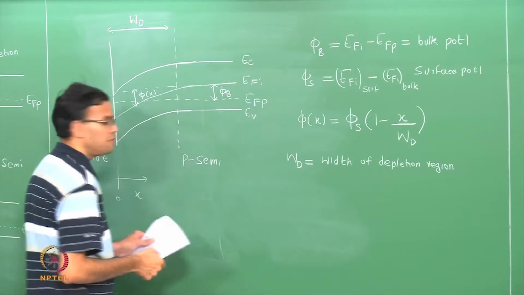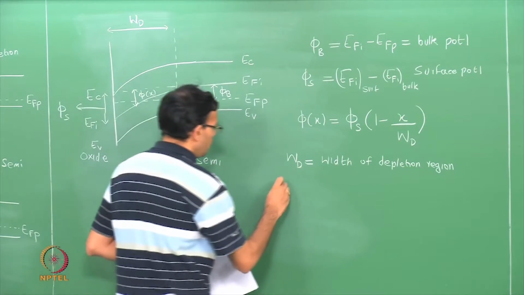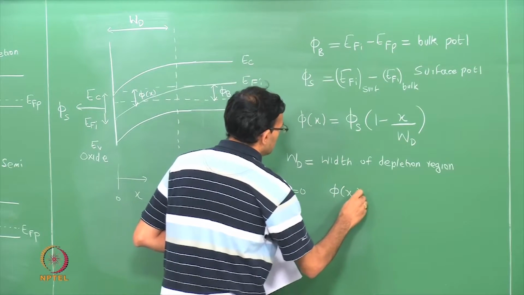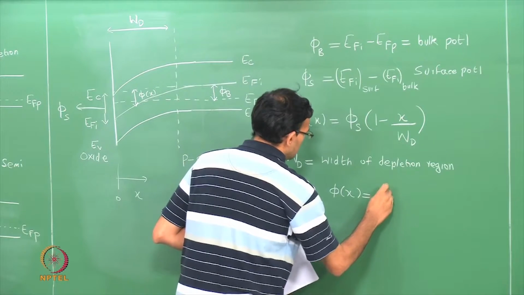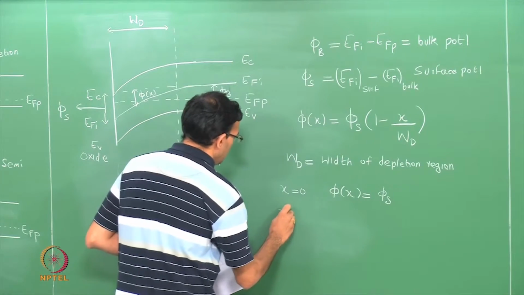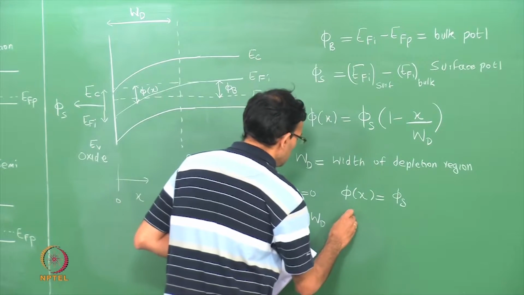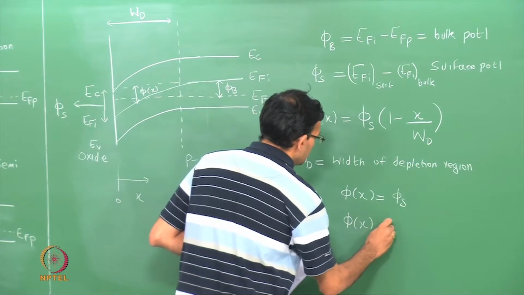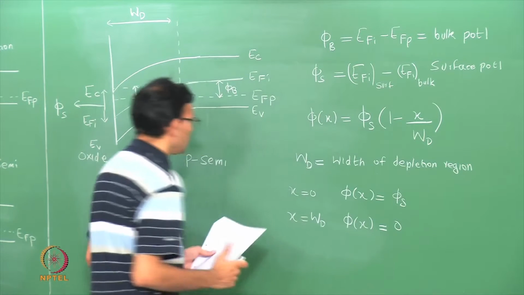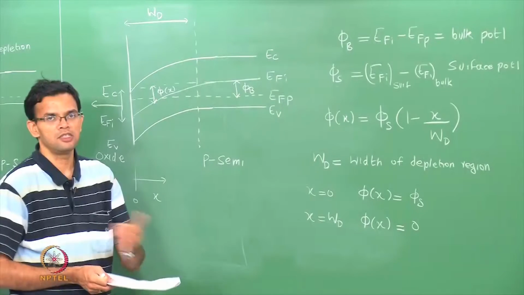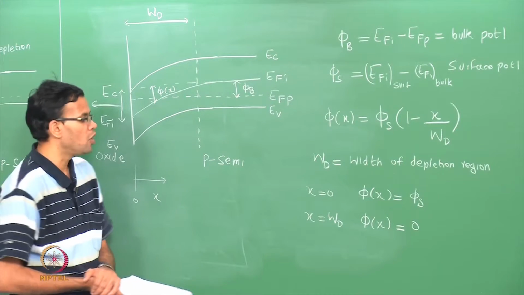So x is defined from the surface, so that when x is 0, psi of x is just the surface potential, and when x is equal to wd, psi of x is equal to 0. So wd represents the start of the band bending, because it is a measure of how much your intrinsic Fermi level has shifted because of band bending.